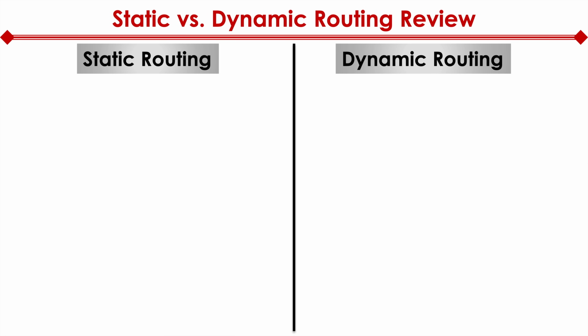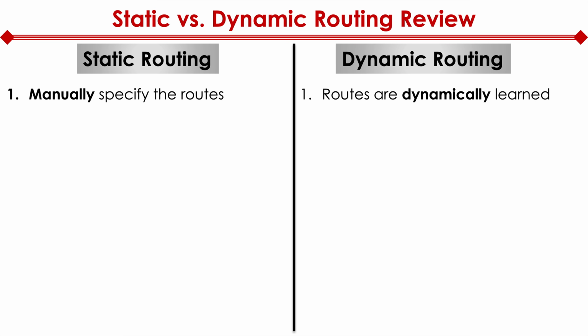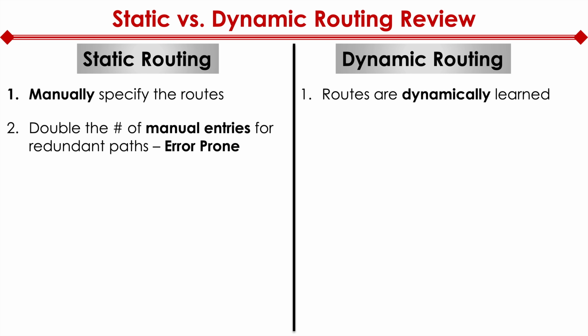So what's the difference between static and dynamic routing? First, in static routing, we have to manually specify the routes, whereas in dynamic routing, routes are dynamically learned. Second, in static routing, we have to specify a lot of manual entries for redundant paths.